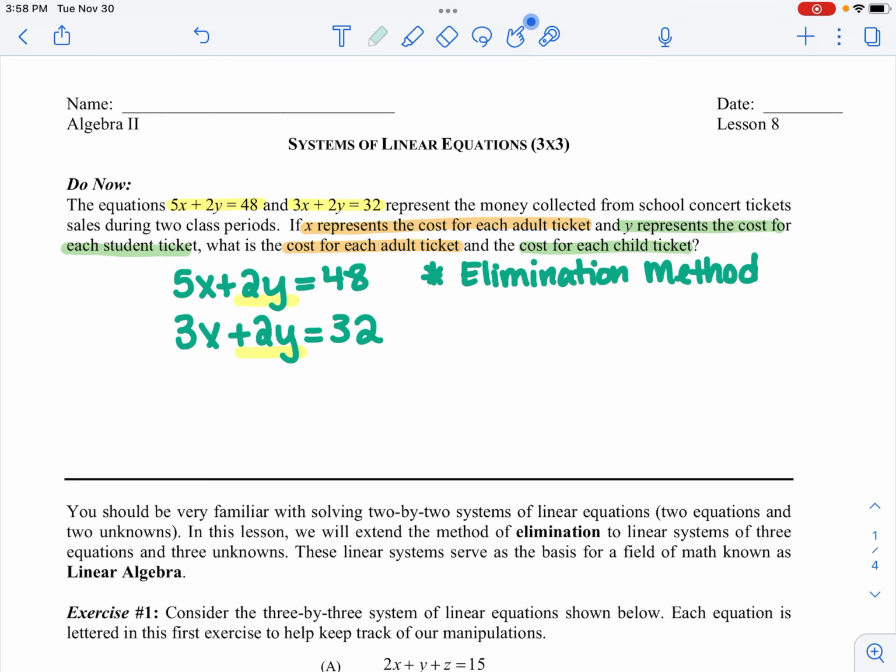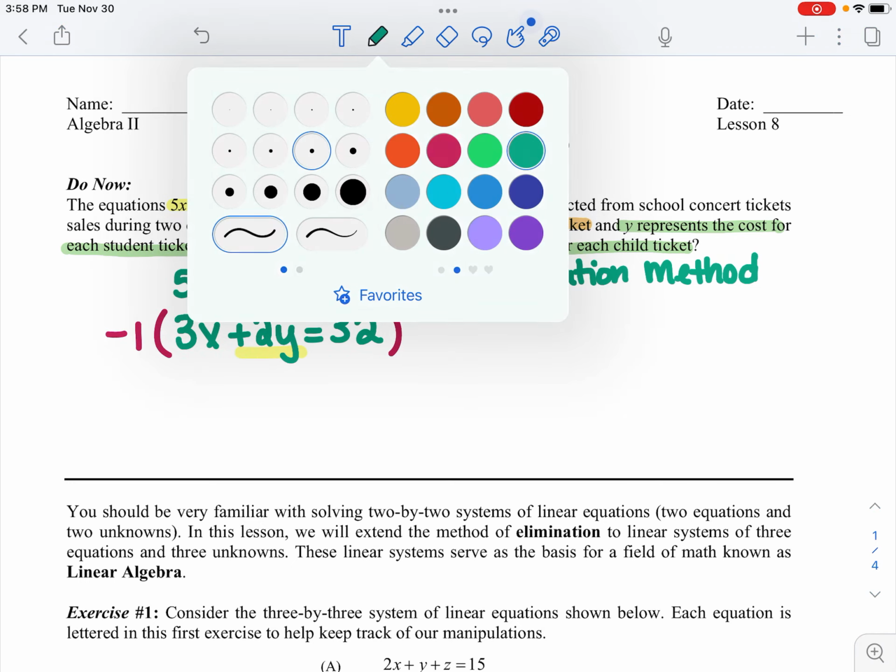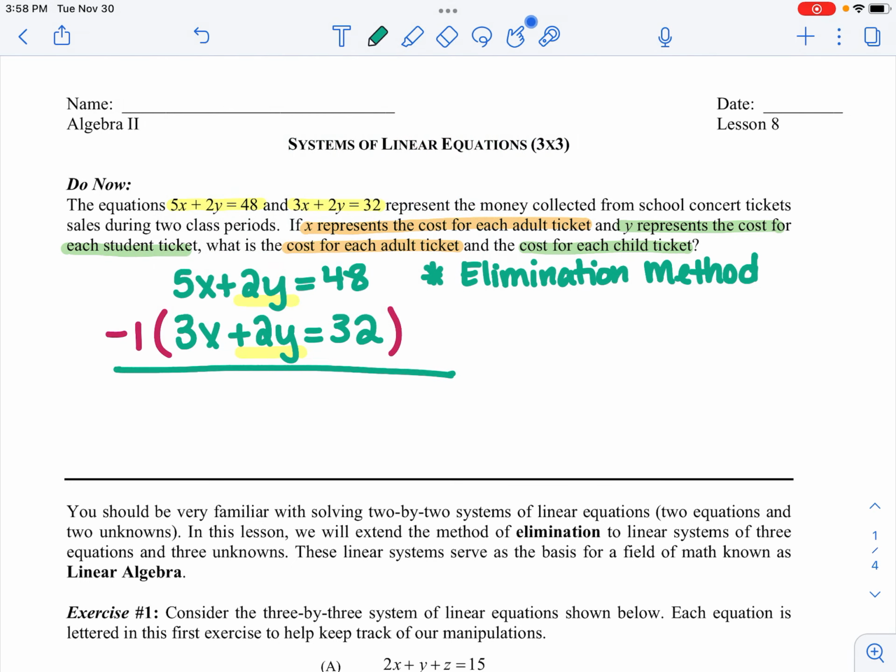I can see that my 2y terms are very close to canceling out. I just need to multiply one of the equations by -1. So I'm going to start by multiplying my second equation by -1, and then line these up vertically again.